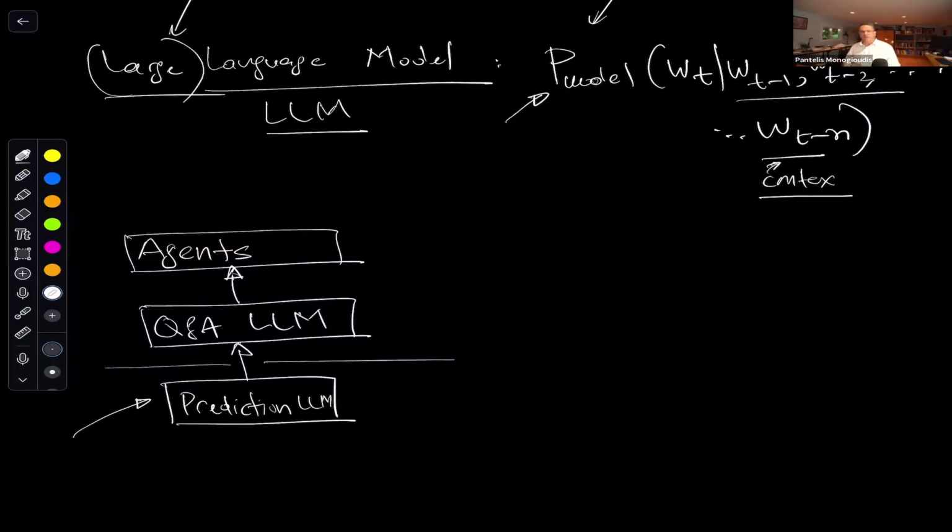They're actually using tools, because obviously many things may have happened after the training of this prediction LLM. So they're able to retrieve, let's say, the current news and respond back with answers associated with data and events that happened past the training cutoff date.